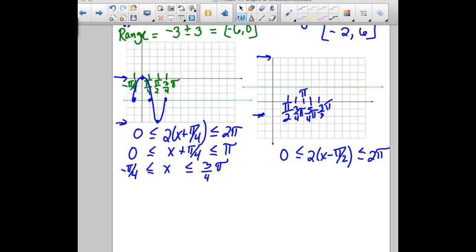So we're going to divide both sides by 2. We get 0 is less than or equal to x minus pi/2, less than or equal to pi. And we're going to add pi/2 to both sides. 1 pi plus another half would be 3/2. So are we getting a start and stop where we thought it should be?